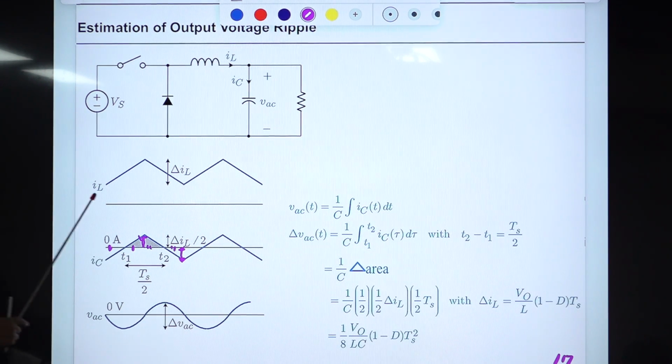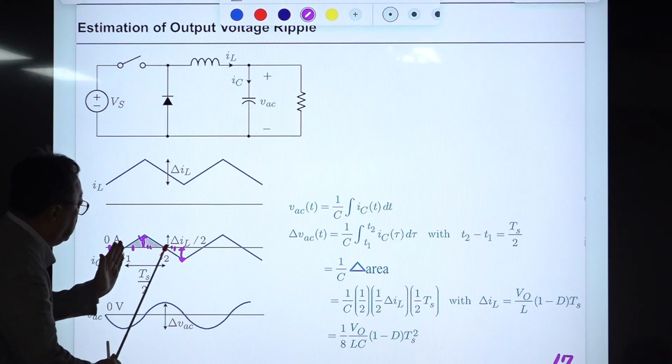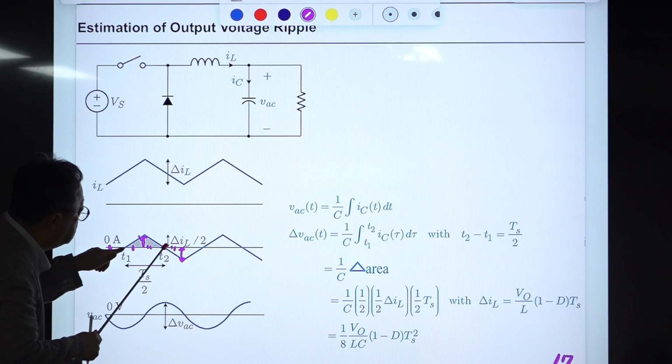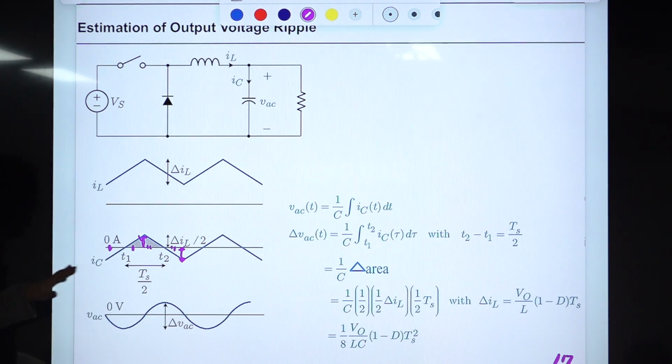That means the period from here, where it starts crossing this 0 ampere line, and again crossing the 0 ampere line should be half of the switching period. Okay. From this geometrical construction, we conclude that this is TS, one switching period, and this is half of the switching period.